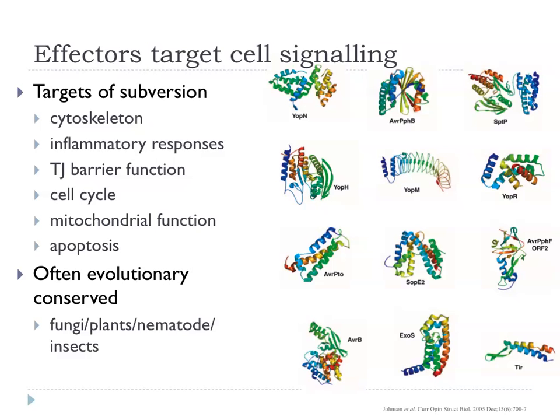These effectors are not all out toxins just trying to kill a cell. They're trying to actually manipulate the cell to the bacterium's advantage. And they manipulate things like the cytoskeleton, particularly actin pathways, inflammatory responses. In epithelia, they can influence tight junction barrier function, cell cycle, mitochondrion, can influence apoptosis. And as I mentioned before, they're often targeting the most conserved parts of the eukaryotic cell toolkit.